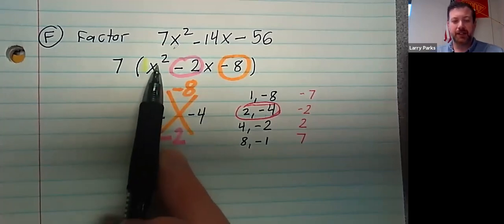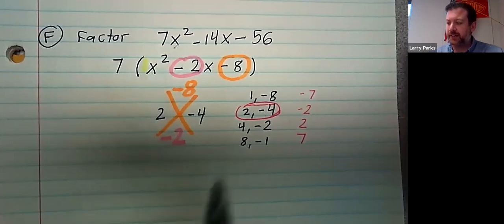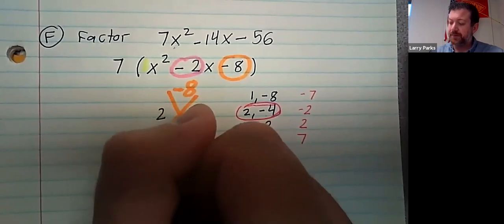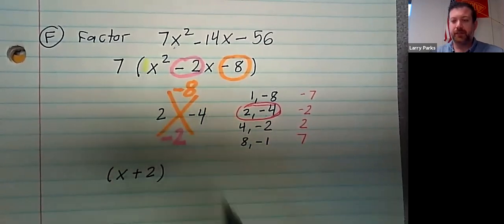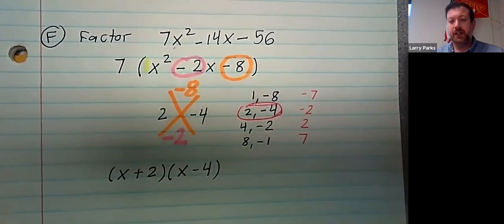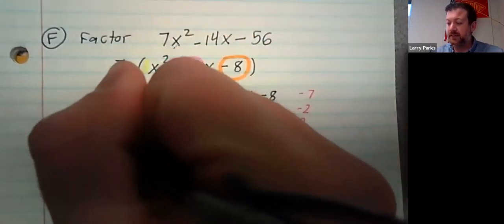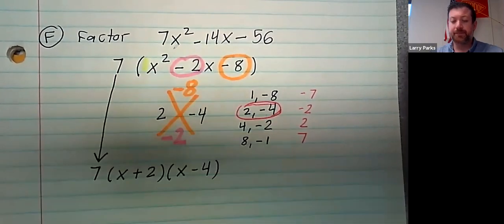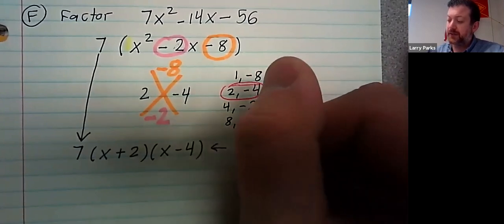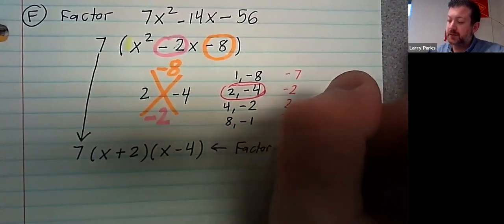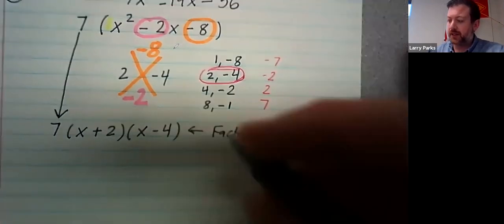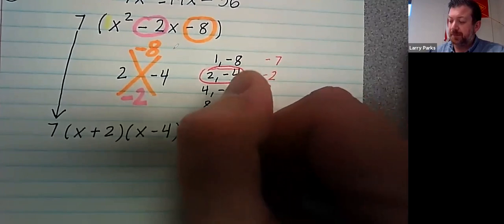So now I could break this quadratic into linear factors. So it'd be x with the 2, x with the -4, and then don't forget about that 7. There I go. This is what we call factored form. Some textbooks call this intercept form.